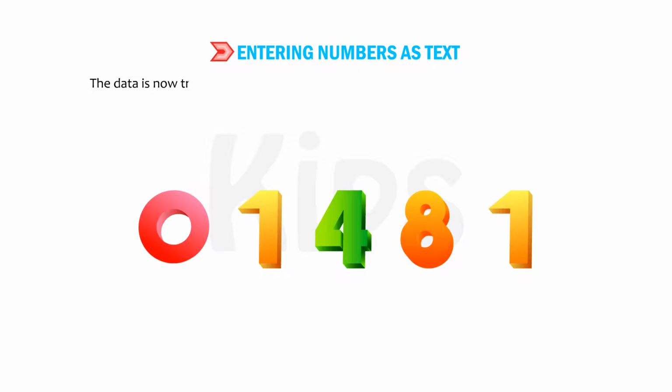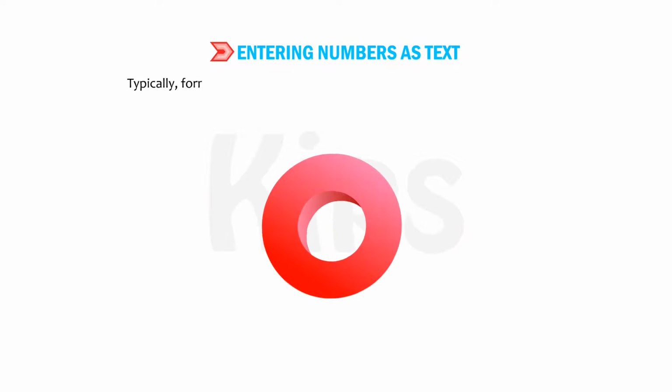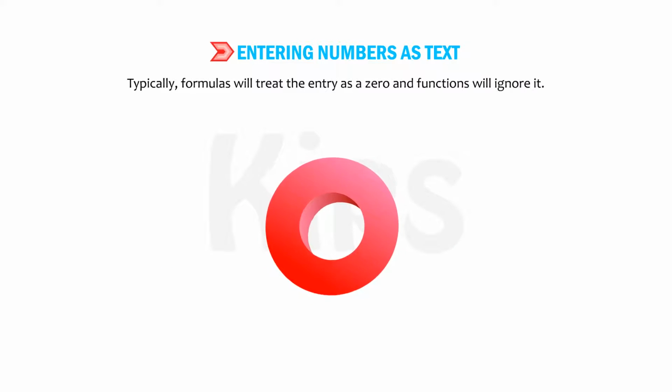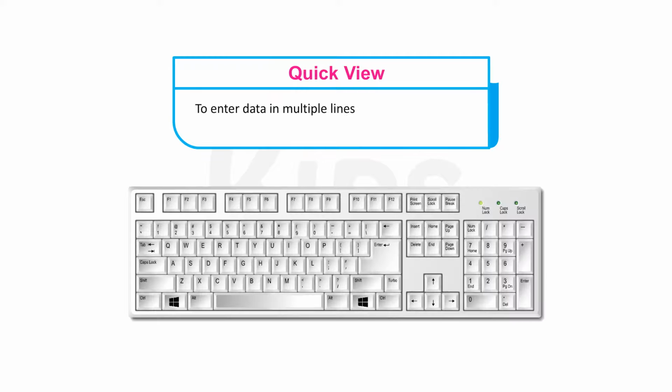The data is now treated as text and displayed in the same format as it has been entered. Typically, formulas will treat the entry as a 0 and functions will ignore it. Students, let's take a quick view. To enter data in multiple lines in the same cell, use the Alt plus Enter key combination.